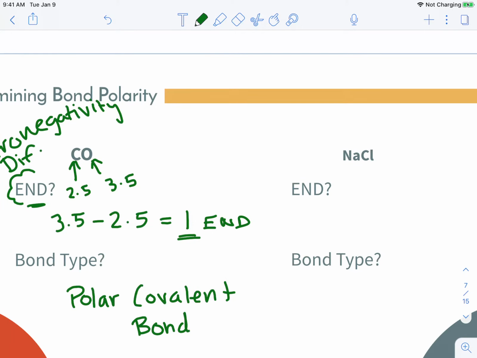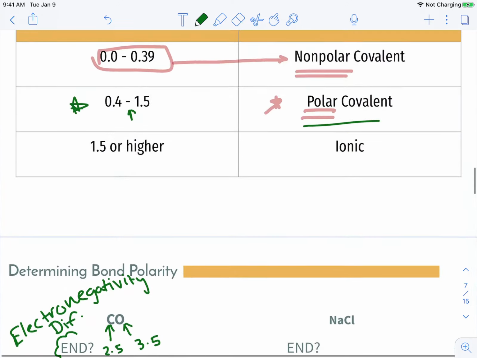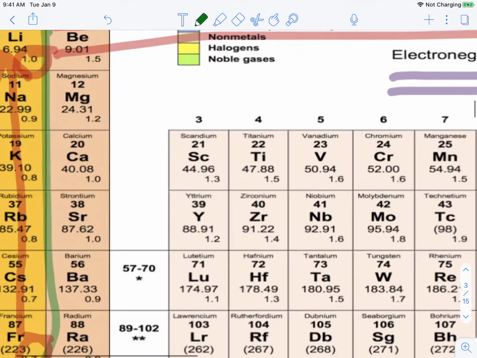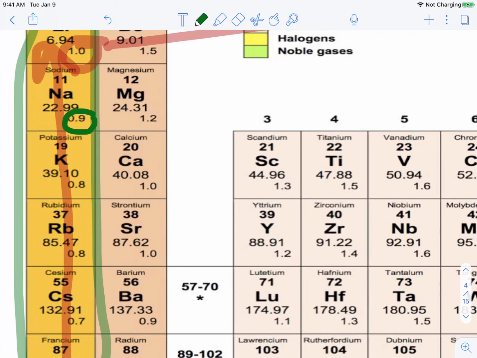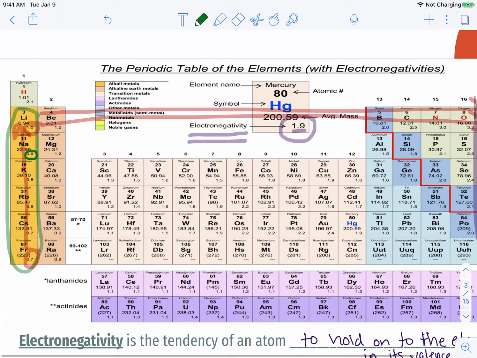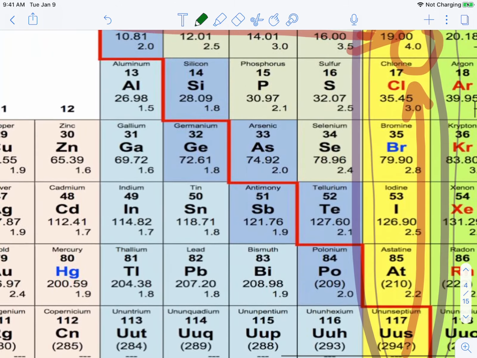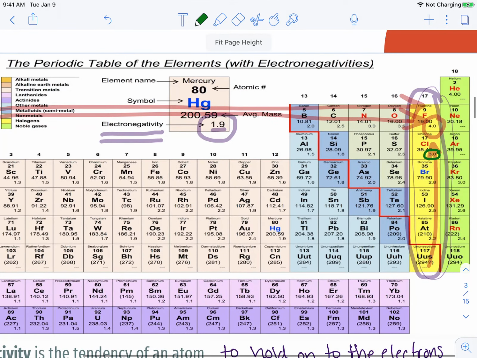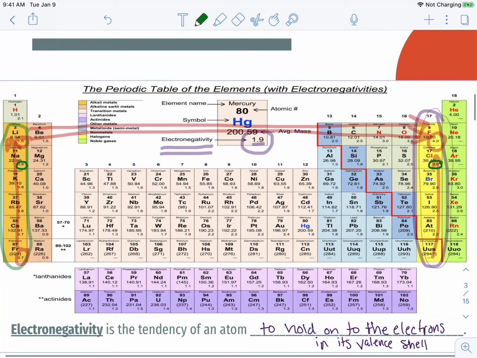So we go ahead and find the electronegative difference. Look back at your periodic table. Sodium has a 0.9. And chlorine, which is close to fluorine, has a 3. So we're going to find the difference between 3 and 0.9.